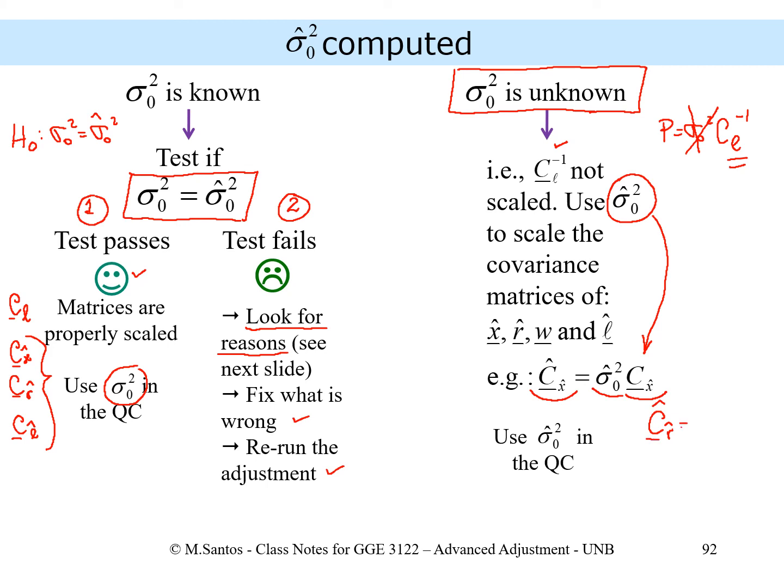This is the scaled covariance matrix of the residuals, which is nothing else but the one we got from the adjustment multiplied by the a posteriori variance factor. And in this case, we're using the a posteriori variance factor in the quality control. So that's a very nice summary of the meaning of the test and what we should do if we don't know the a priori variance factor.